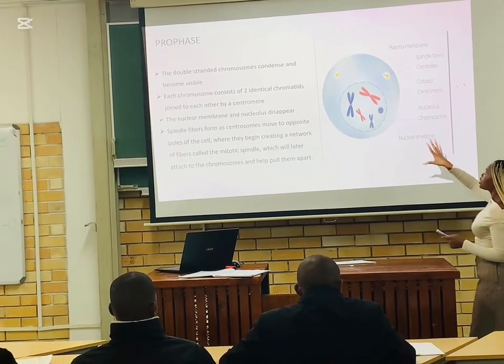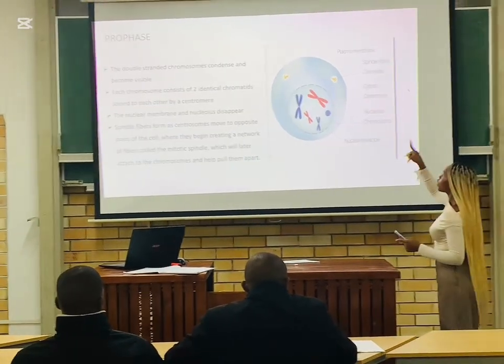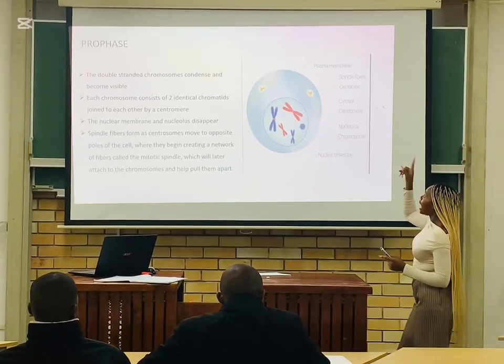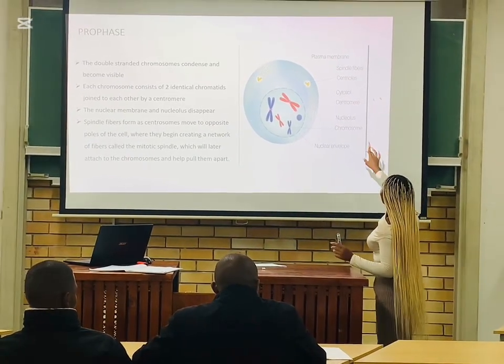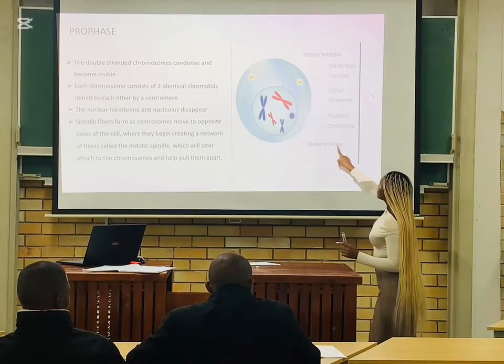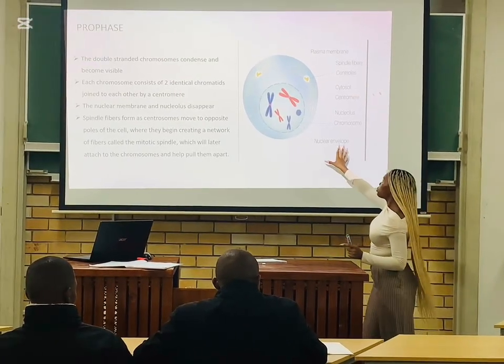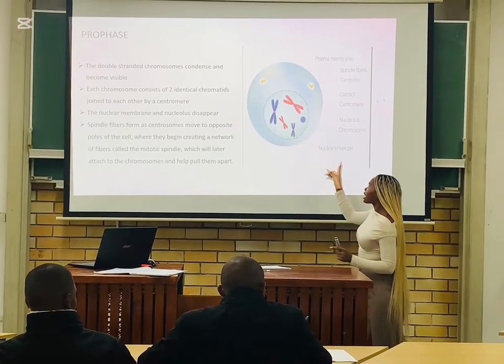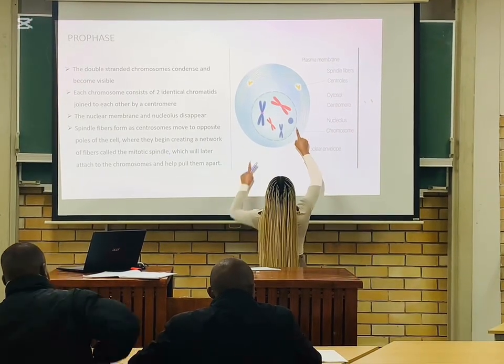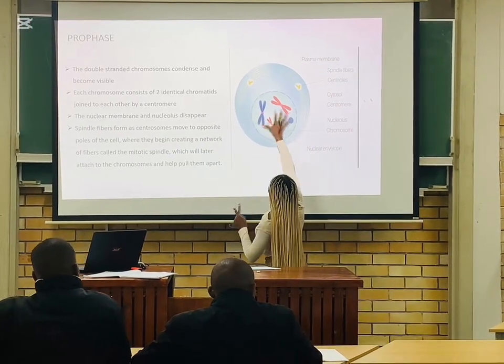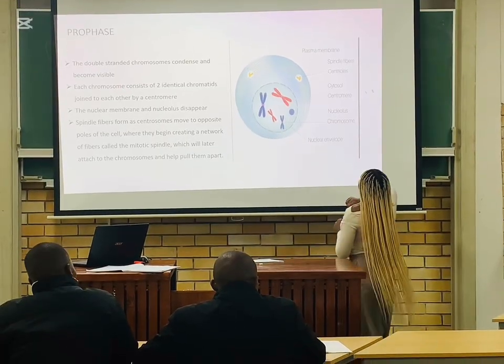A plasma membrane is responsible for controlling what goes in and out of the cell. And then we have a nuclear envelope. Nuclear envelope is responsible for what goes in and out of the nucleus. So this is a cell, and this is a nucleus. And then we have a chromosome.